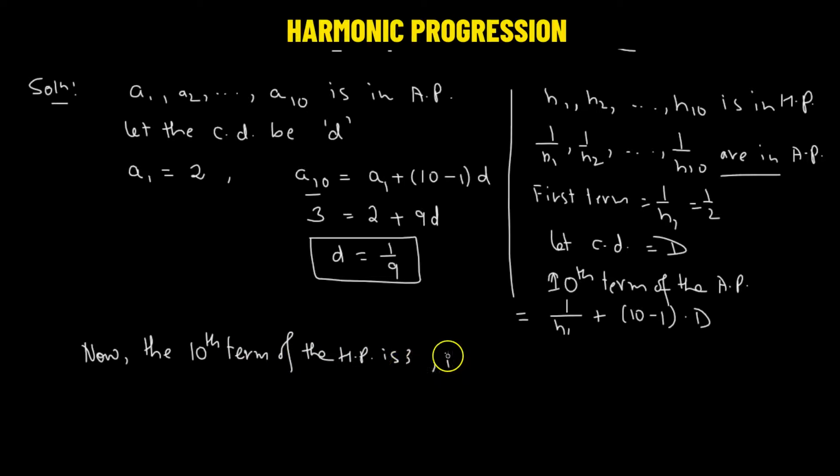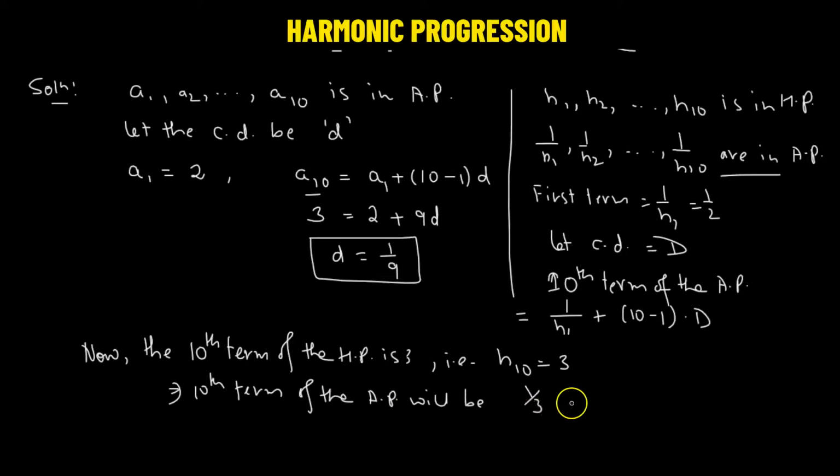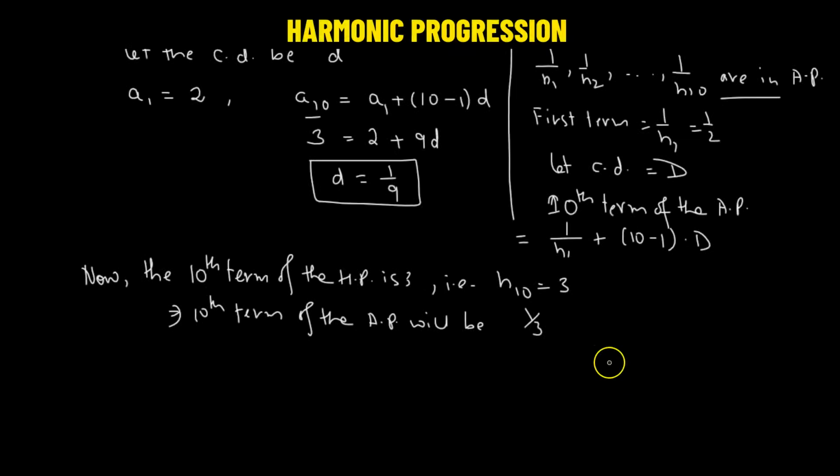That is, the H10 value equals 3, which means that the 10th term of the corresponding arithmetic progression will be 1 over 3.